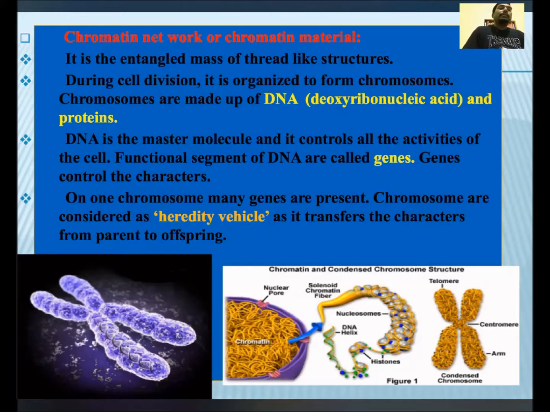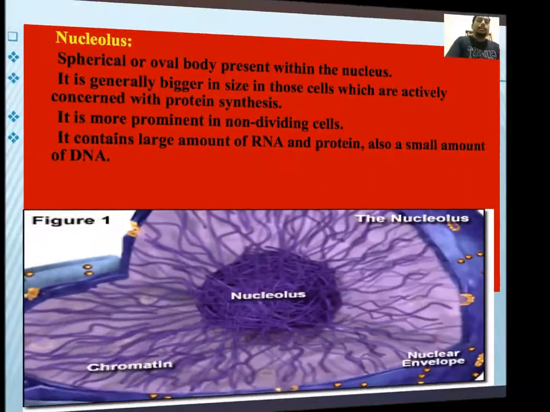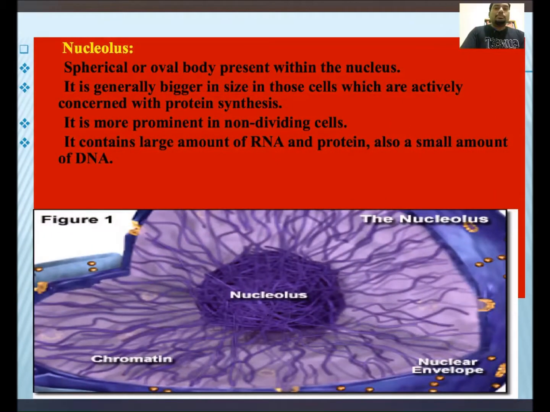Chromosomes are hereditary unit of the cell because they carry DNA, and DNA is the carrier of the characters or genes, and genes are controlling all the characters in the offsprings. And we can see that each chromosome is made up of 2 units. The another part is nucleolus.